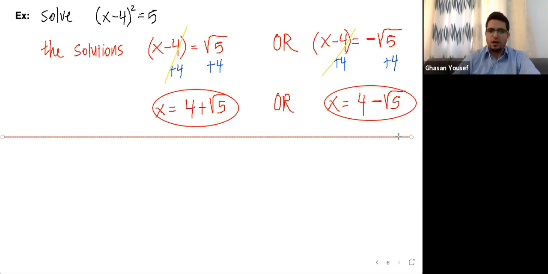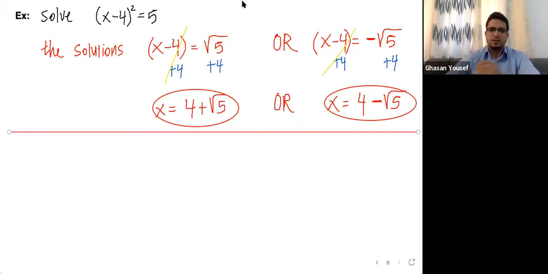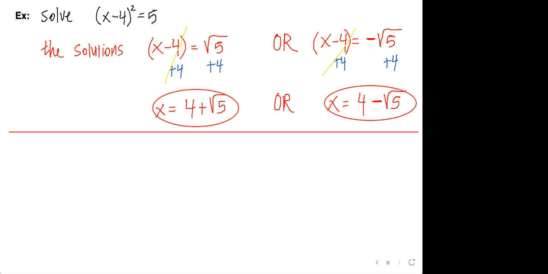Now, after we finished how to solve a quadratic equation by factoring, and by the quadratic formula, we're going to learn the third way for solving a quadratic equation: by completing the square.